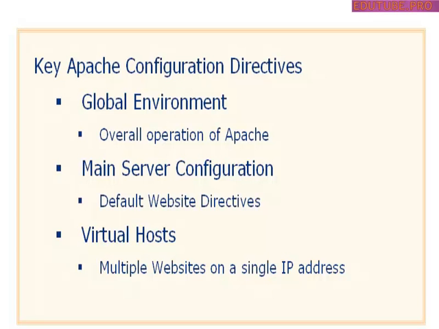Next, directives in the main server configuration section set up default directives not otherwise configured in a virtual host container. Finally, the section related to virtual hosts can help you configure multiple websites using a single IP address. And this is the basic way most lower-cost web hosts are configured today.